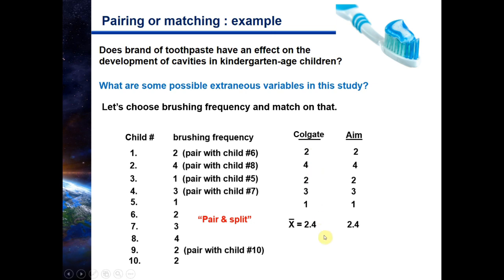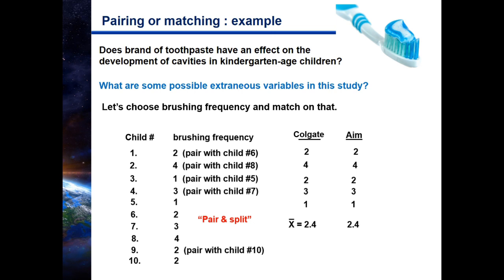Now, somebody might want to know, can we match on more than just one variable? Like here we just matched on brushing frequency. What if we wanted to match on how much time they spend brushing? All right, so the duration of brushing. Well, you can do that, but you're going to have a bit more difficult time trying to find pairs, right? Trying to find matches. Imagine that you want to match on 5 variables.